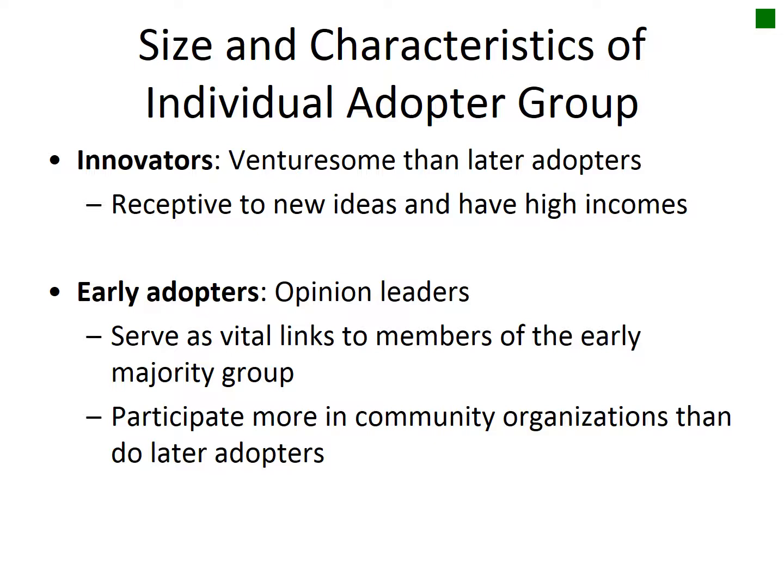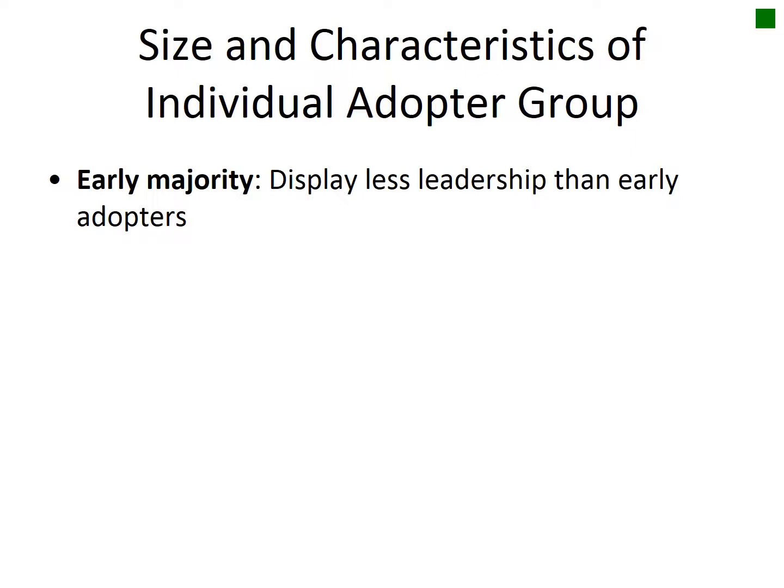Later on in the product life cycle, we have other adopter groups. There's a total of 5. There's the group called the early majority. Okay, so roughly 34% of the market is in this group of consumers. So over a third of the buyers who will buy your product are in this group. They display less leadership potential, but they're still ahead of the curve, if you will.